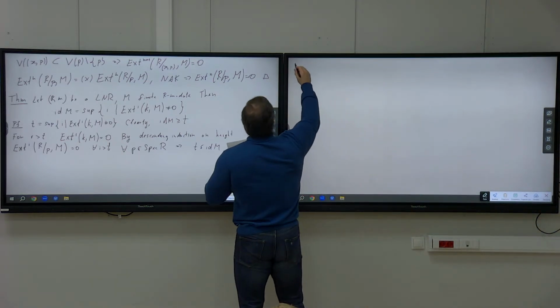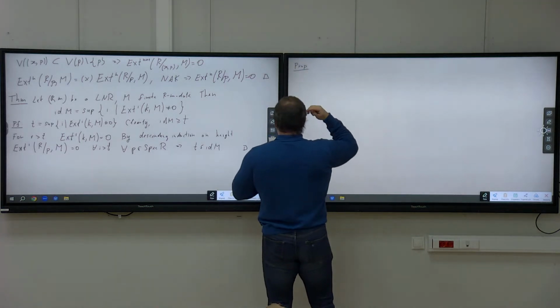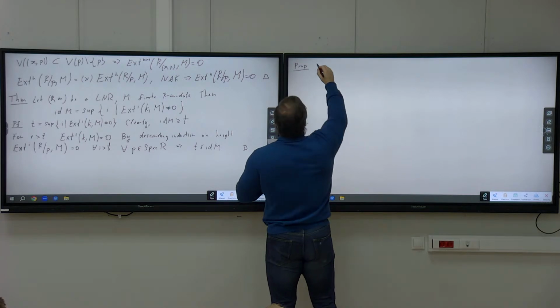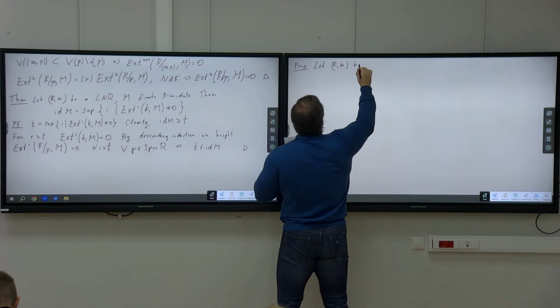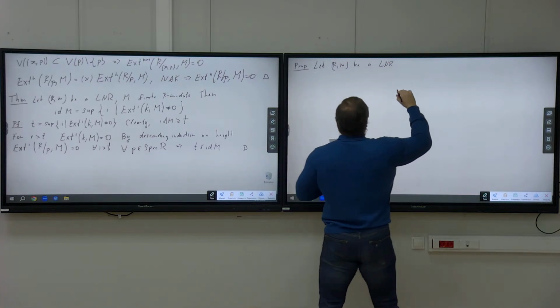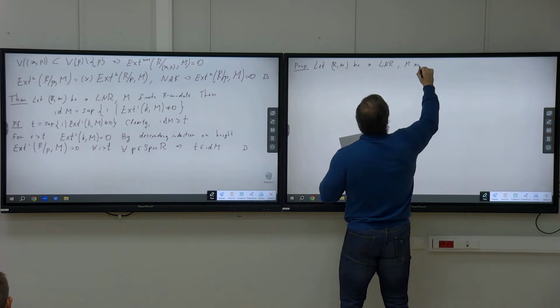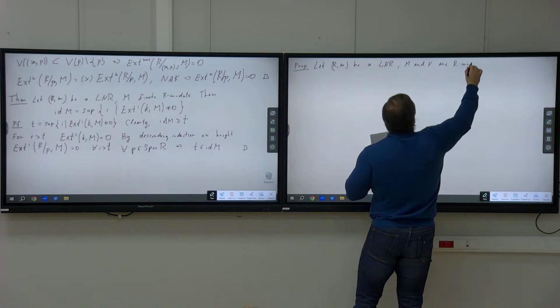Okay, proposition. So let R be a Noetherian ring, M and N are modules.